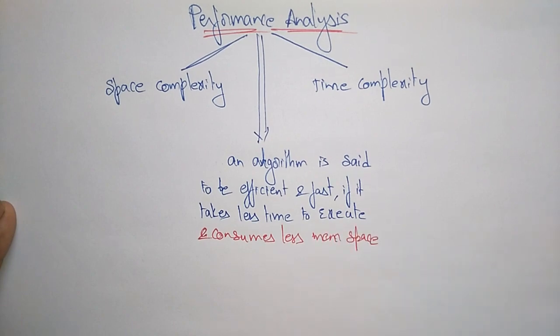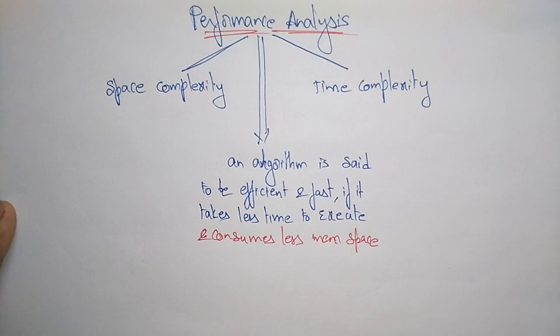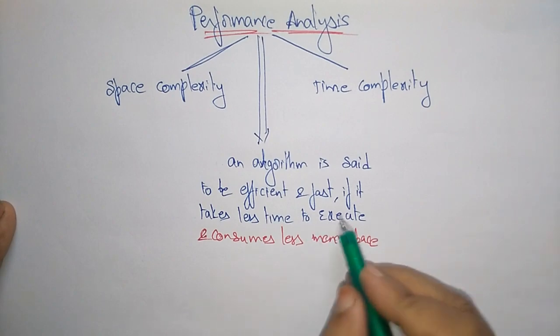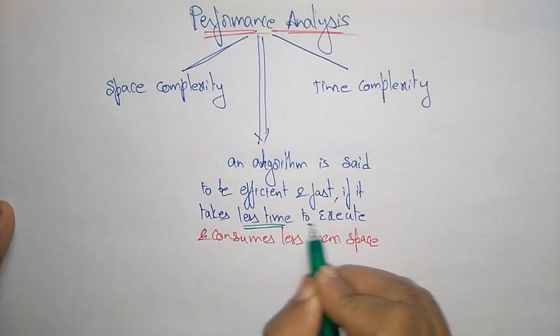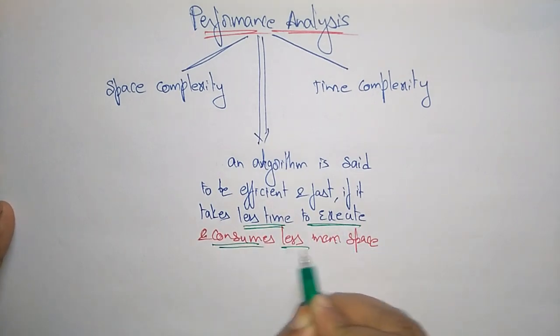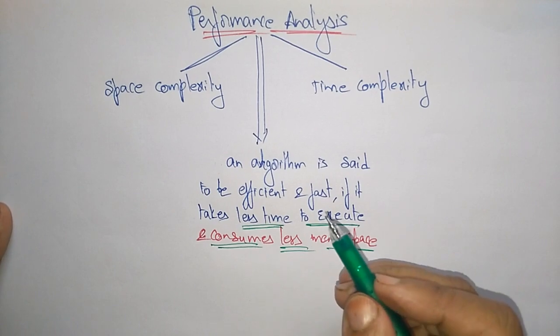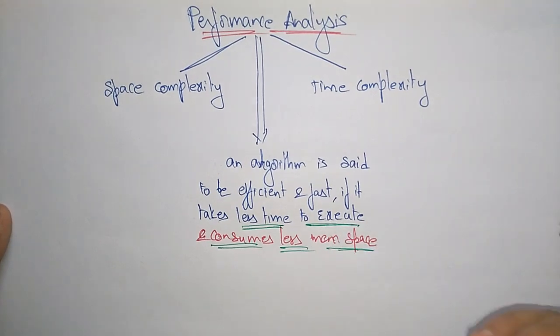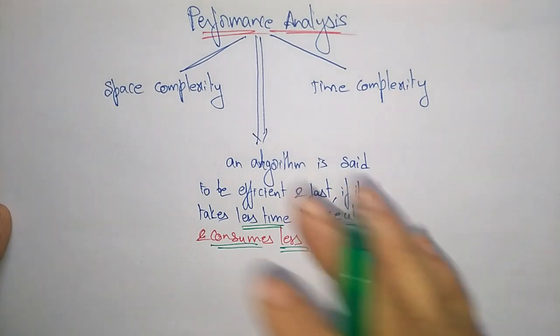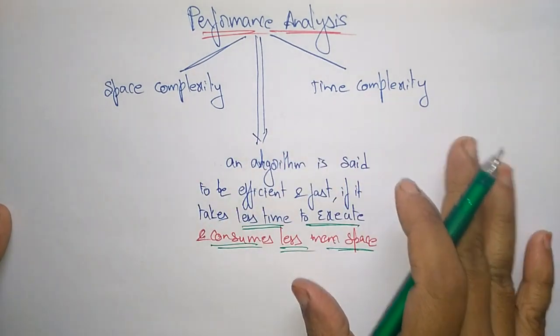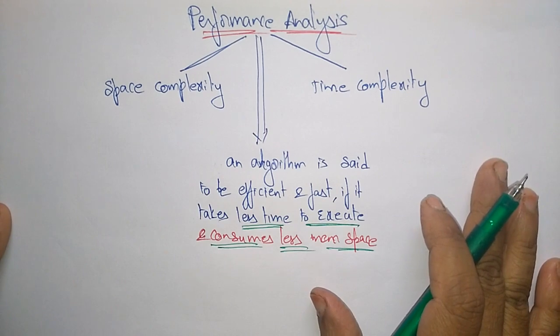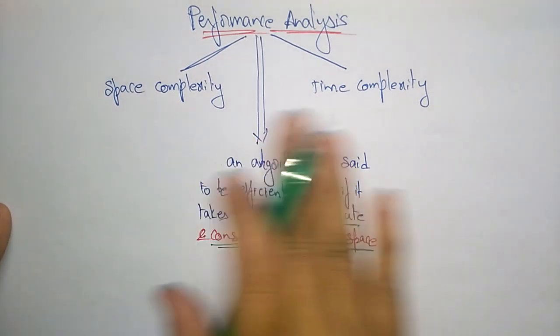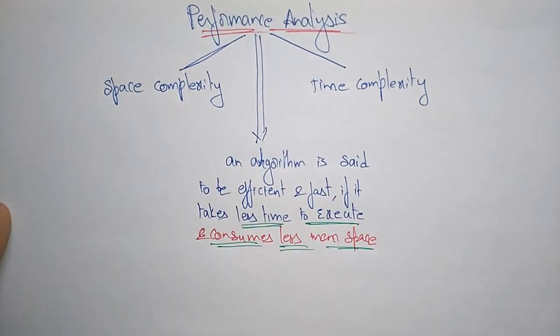With the help of these two points, the algorithm is said to be efficient and fast if it takes less time to execute and consumes less memory space. Then we can say our algorithm is fit, and the performance is very good. So the performance analysis can be measured in terms of space complexity and time complexity of an algorithm.